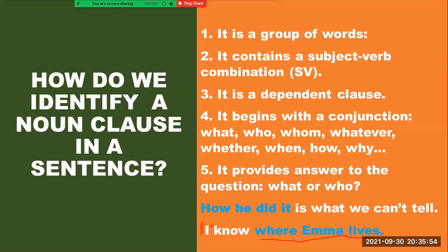Of course, we know that this is a subject, all right? Then know is a verb, and this particular grammatical structure, this expression where Emma lives, shares a common boundary with know. So how do we use the border principle to identify the grammatical name given to this expression where Emma lives? What we do is we say, I know, and we put a full stop here.